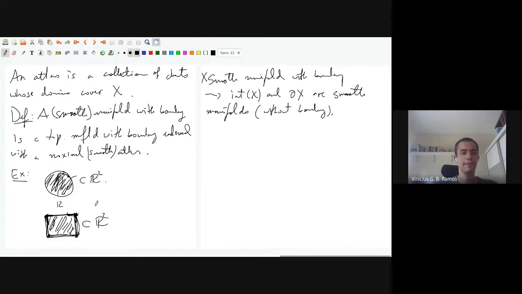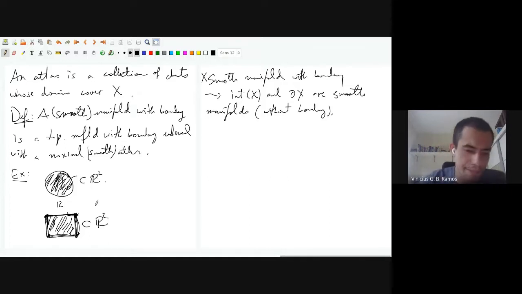So you see that choosing a smooth structure is kind of subtle. Sorry, what I wanted to say is not that you can easily change the smooth structure, but that choosing a smooth structure on a manifold with boundary can be a little bit subtle.